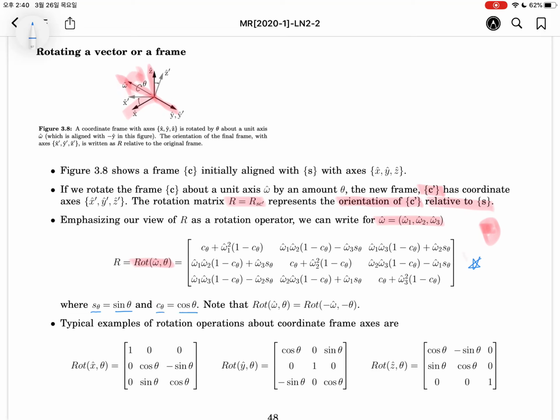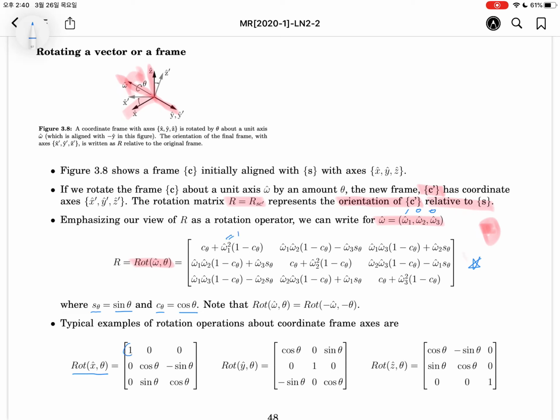Okay, in here, by using this kind of notation, we can derive the axis rotation by an amount of theta. Let's apply it. In here, omega 1 hat is 1. The remaining parameters are 0 and 0.